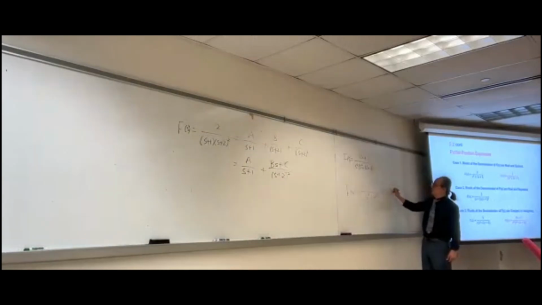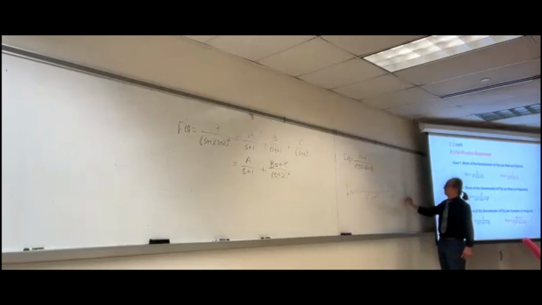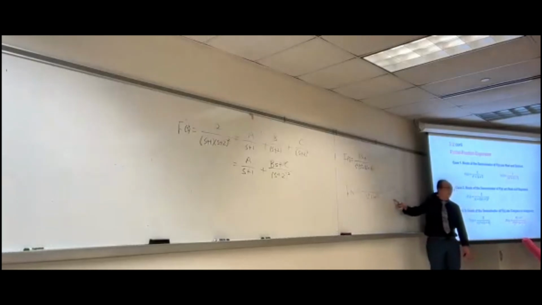So we have as plus b over s squared plus c over s plus 1. So the numerator is 1 degree less. If the denominator is s cubed, then the numerator has to be square terms.